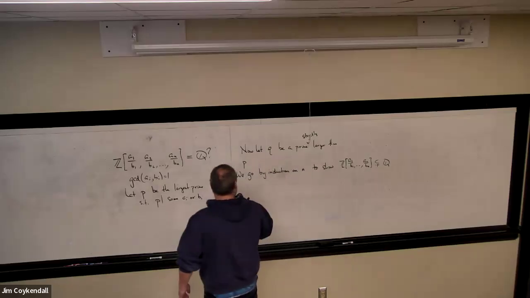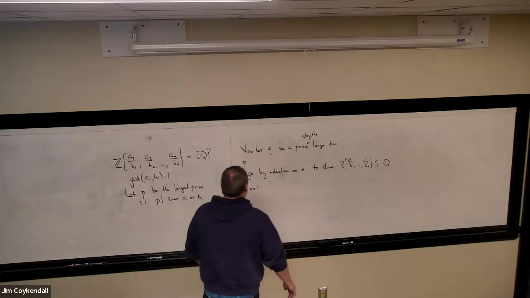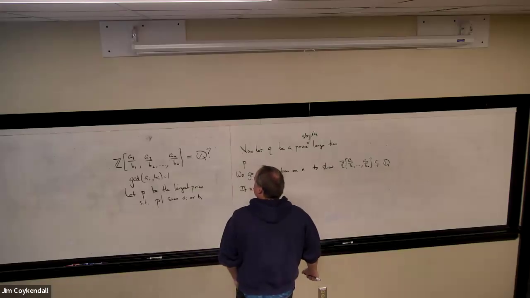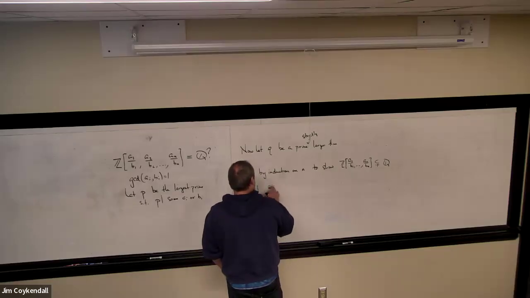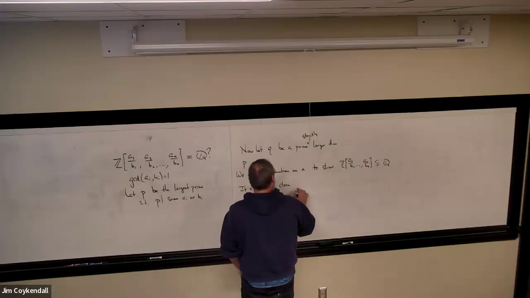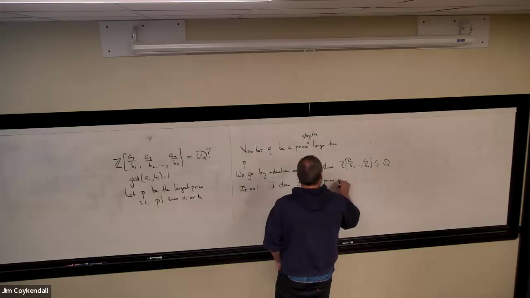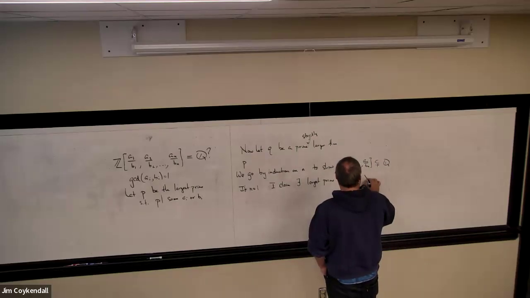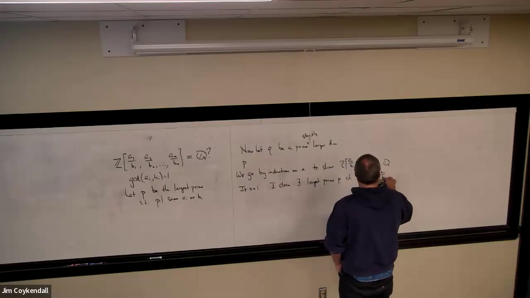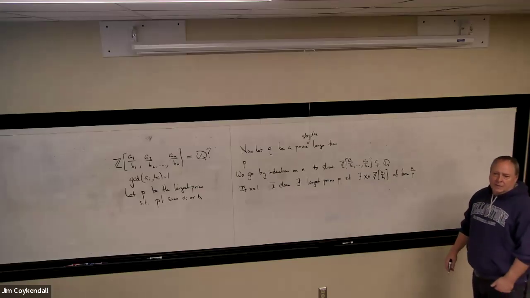If N equals 1, I claim there exists a largest prime P such that there exists X in Z, with A1 over B1 of the form N over P. So as there's a largest prime, you can find it in the denominator.